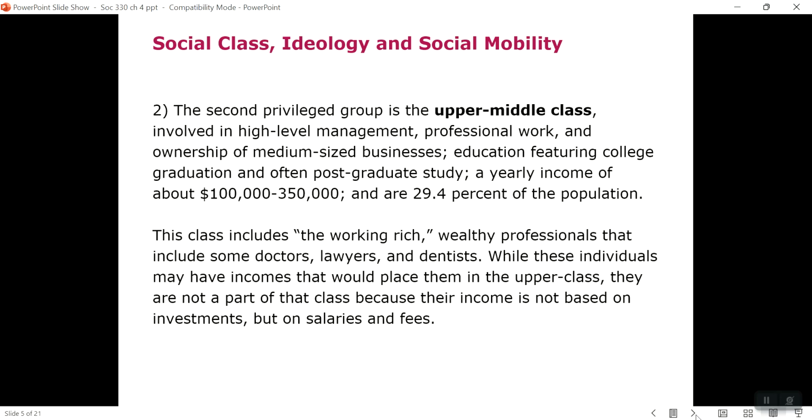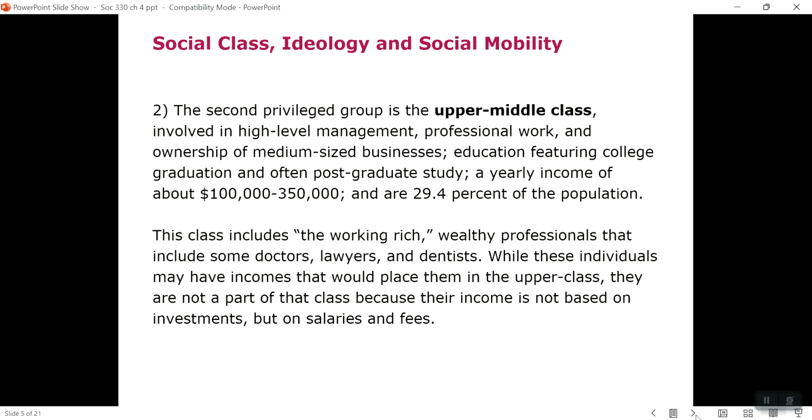And then, of course, the second privileged group is the upper middle class. These are people who also are fairly well educated. Many of them perhaps went to Ivy League institutions or other top-notch or prestigious institutions. Many of them may have postgraduate degrees, doctorates, or MBAs, things after a bachelor's degree.